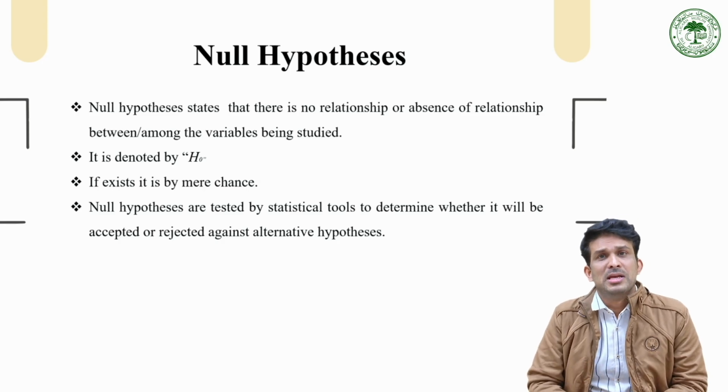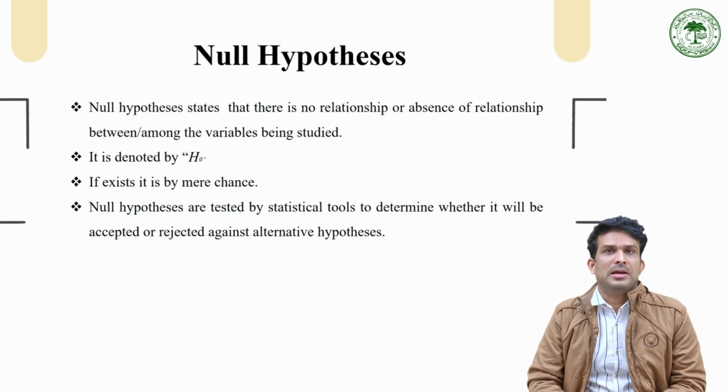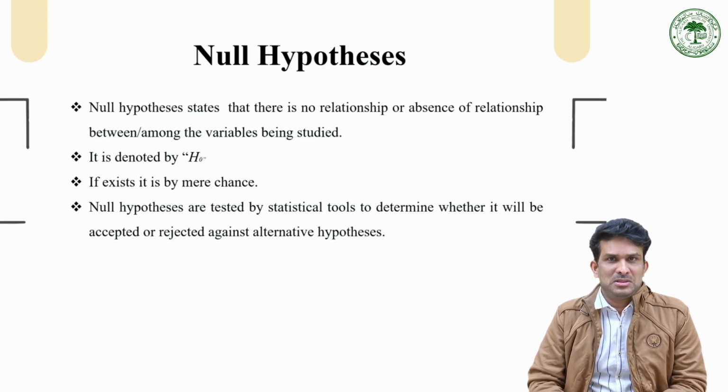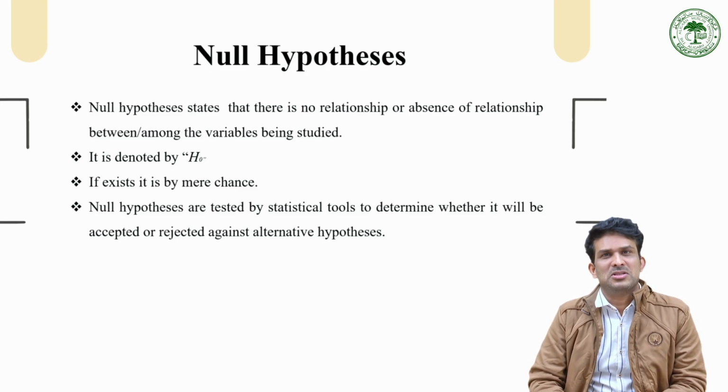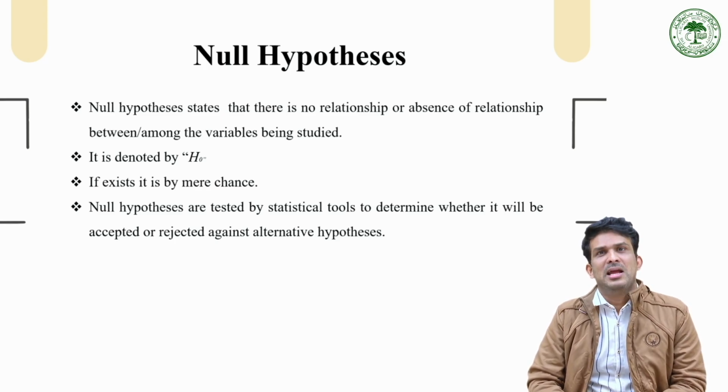This is actually stated as null hypothesis. As I told you earlier, this is a testing hypothesis. But I can tell you, null hypotheses are devices to test the hypothesis. I hope that you got clarity regarding hypothesis and null hypothesis.